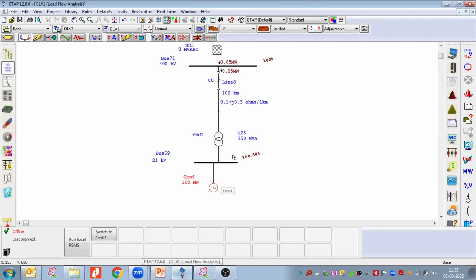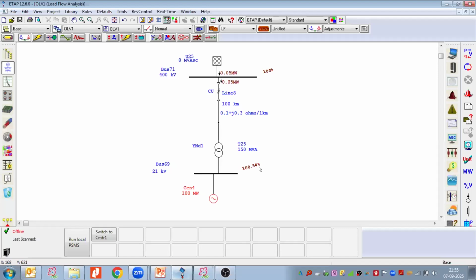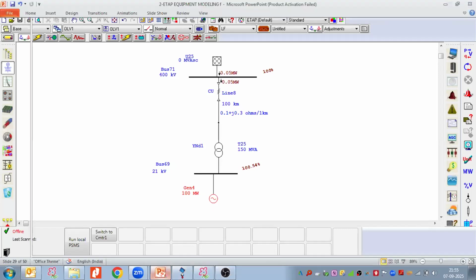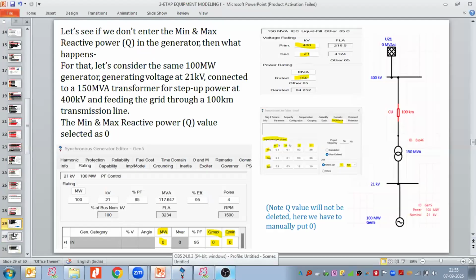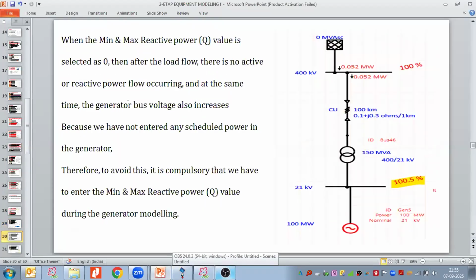And at the same time, you can see my generator terminal voltage has also increased from 100 to 100.54%. The voltage is also increasing. So for that purpose, we need to define here the Qmax and Qmin values. When the minimum and maximum reactive power values are selected as 0, then after the load flow, there is no active or reactive power flow occurring.